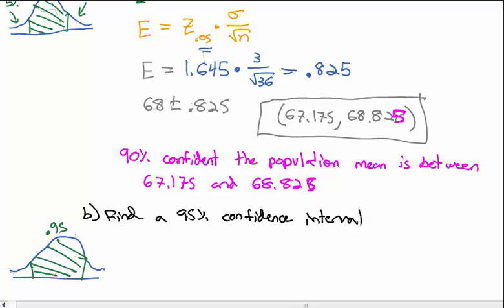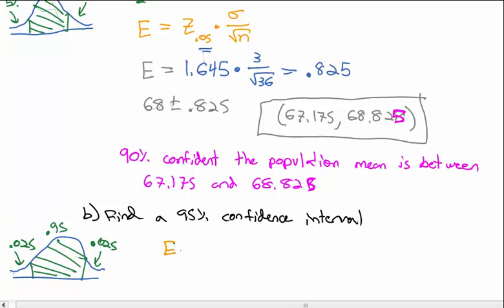Not 90%, but we want more area. More area, 95%, moves us out. So what's that going to do to the error? It's going to move the error out. There's 5% left over for the two tails. 5% divided by 2 is 0.025 in each tail.